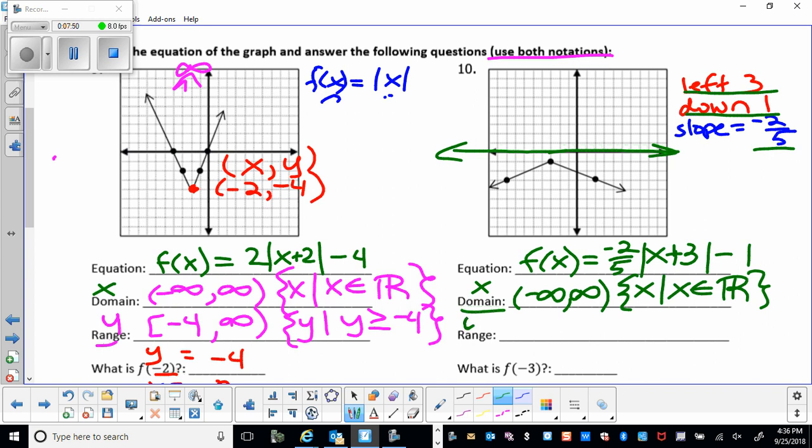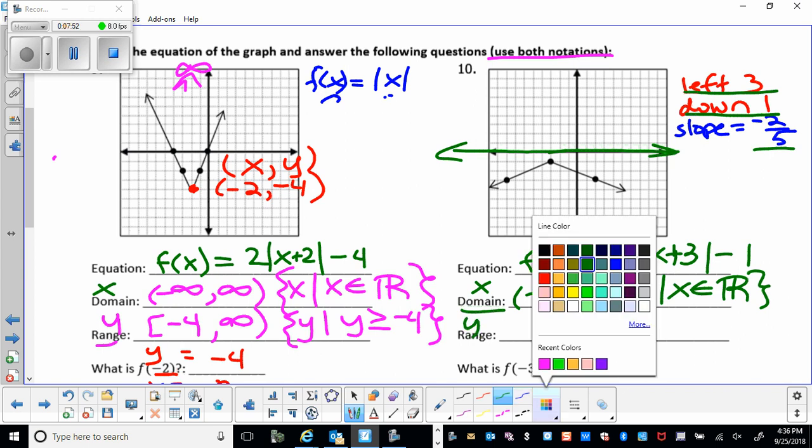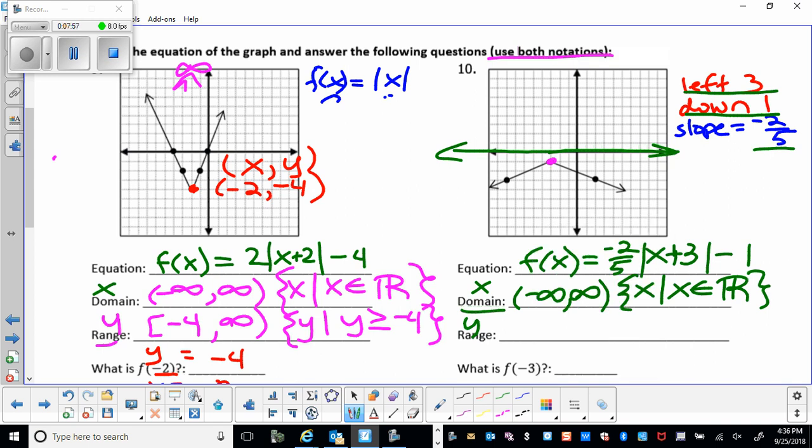And then my y values, okay, looking at the y values, I want to look at the vertex. The y values are going down, right? So the highest y value I could have is that vertex. Well, that was at 1, 2, 3, negative 3, negative 1, right? So the y value there is negative 1.